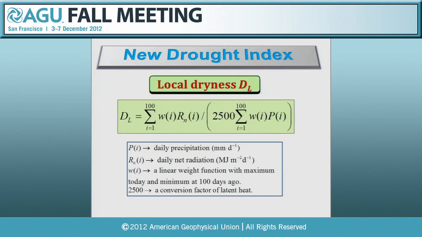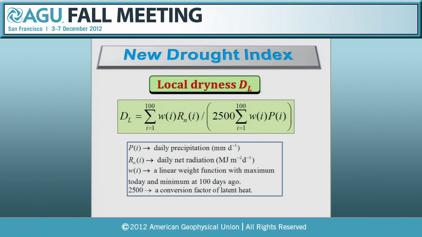And we developed a new drought index, local dryness. That is defined by daily precipitation and daily net radiation in the past 100 days with weight.